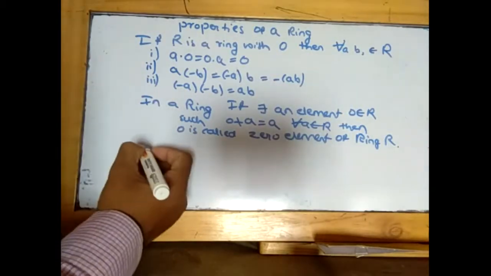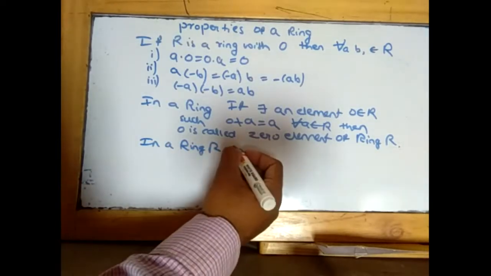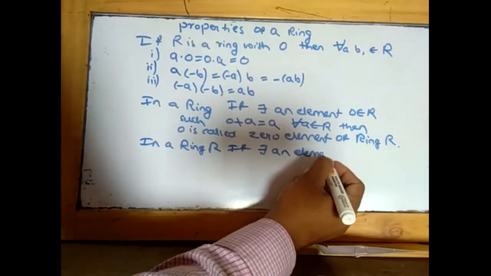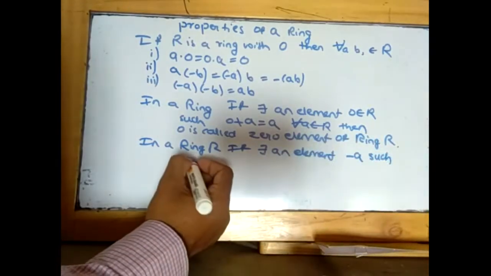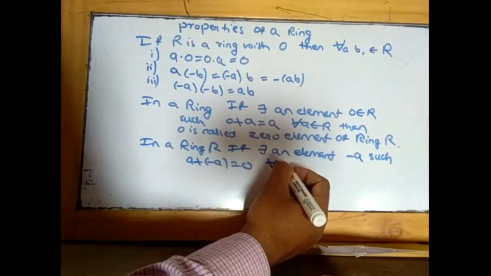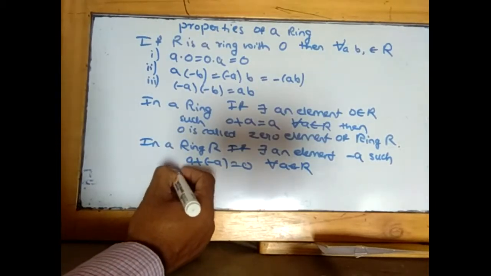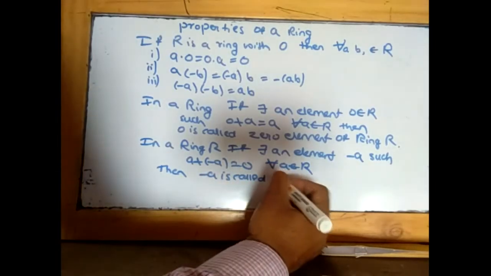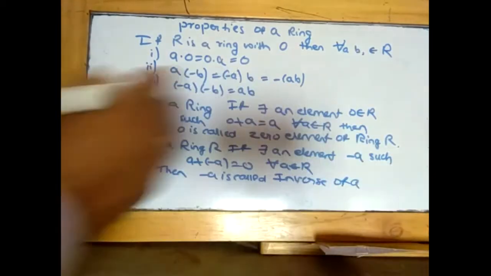Now similarly, in a ring R, if there exists an element minus a, such that a plus minus a gives 0 for all a belonging to R, then minus a is called the inverse of a.